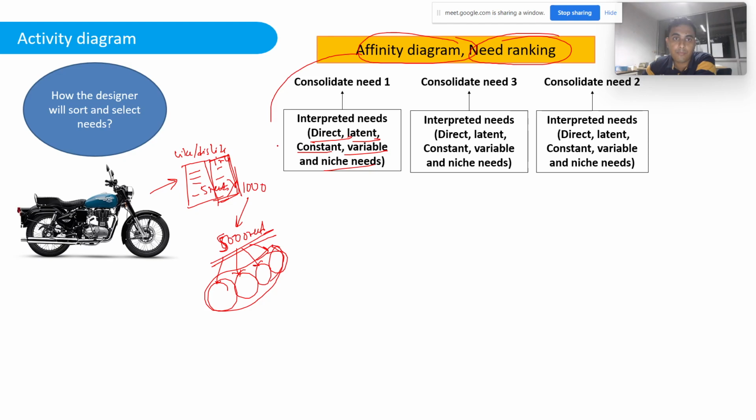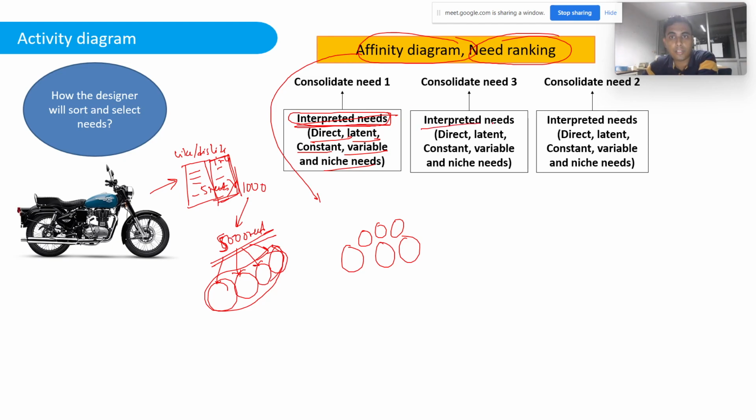What is an affinity diagram? Basically, we categorize several interpreted needs. By interpreted needs I mean those that, as a designer, you interpret from customer information and primary records.